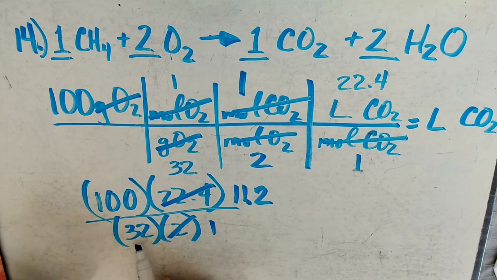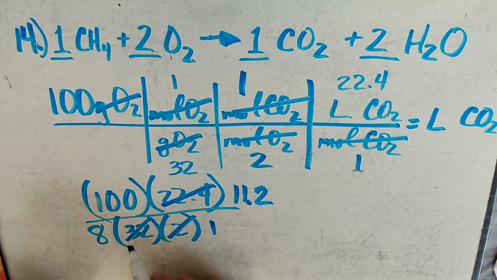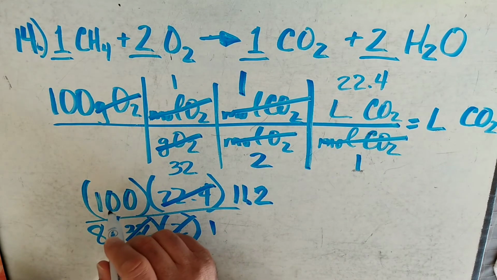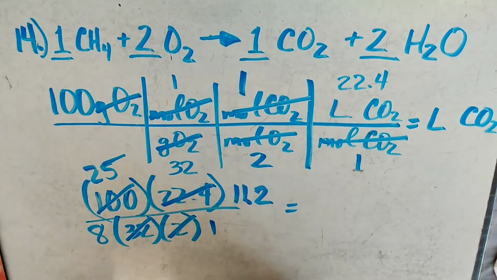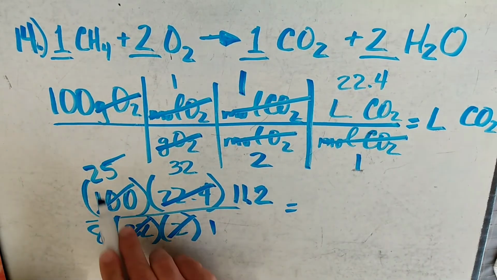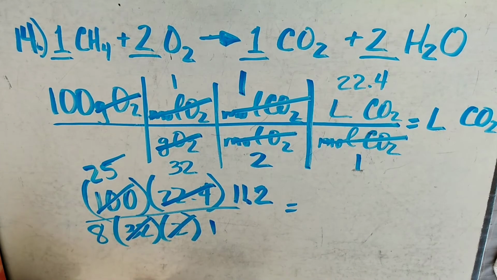If we divide 32 by 4, it becomes 8, and 100 divided by 4 is 25. So now we have 25 times 11.2, all divided by 8.